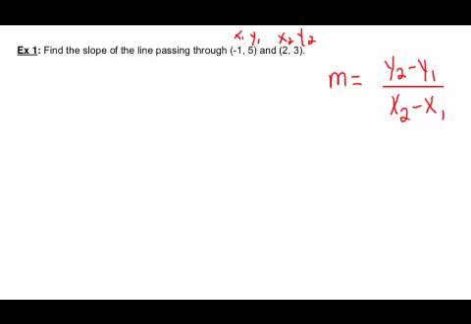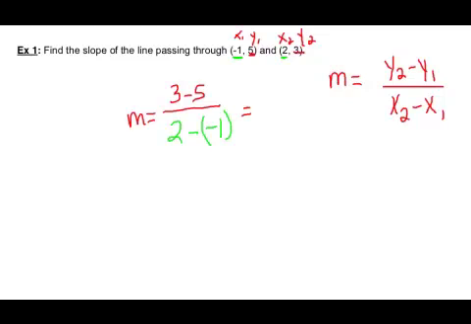We take our y2 value, 3, and subtract 5 from that, so 3 minus 5. Then we take our x2 value, which is 2, minus x1, which is -1.